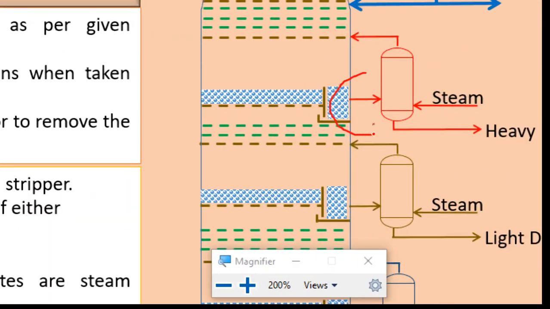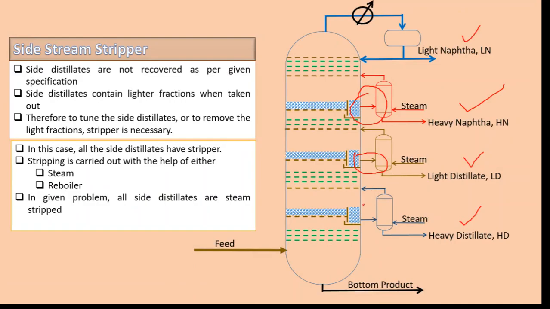This is basically the location from where we are drawing the products from the column, and for the heavy distillate, this is the location. These are the streams recovered directly from the atmospheric distillation column. All these streams contain lighter fractions, and we have to remove these lighter fractions to match the specification of all these products.